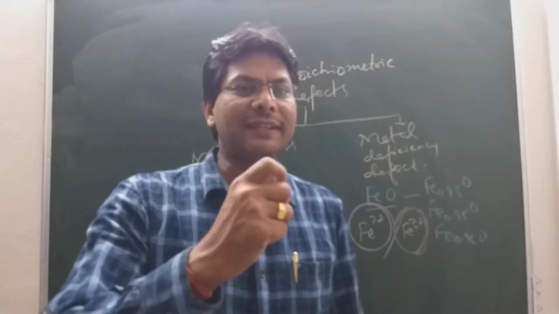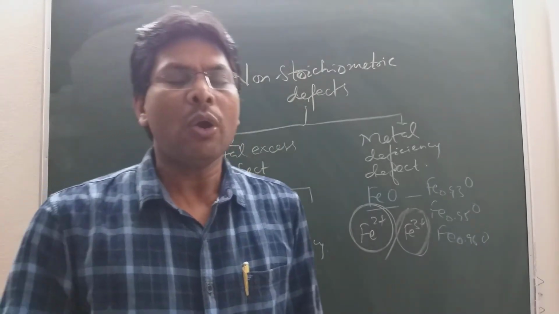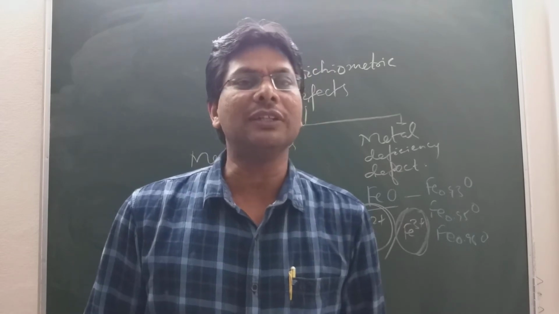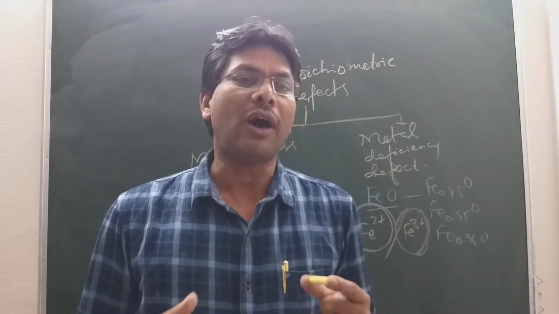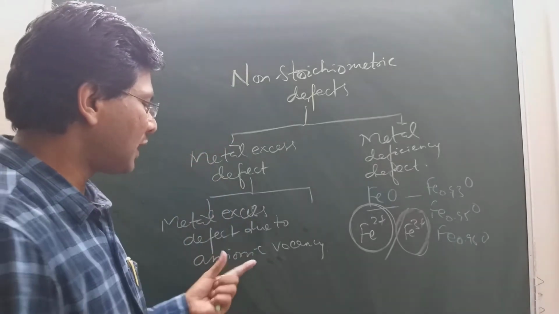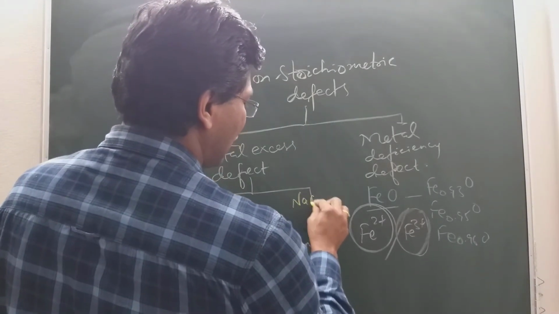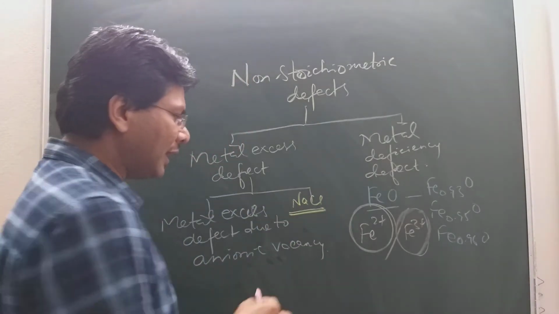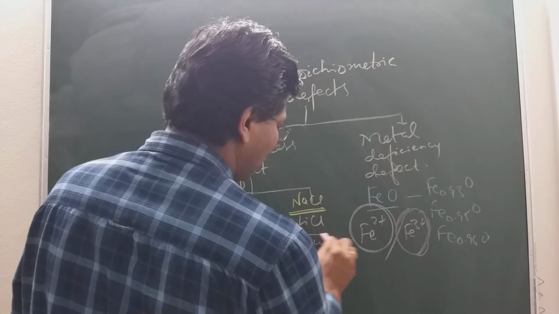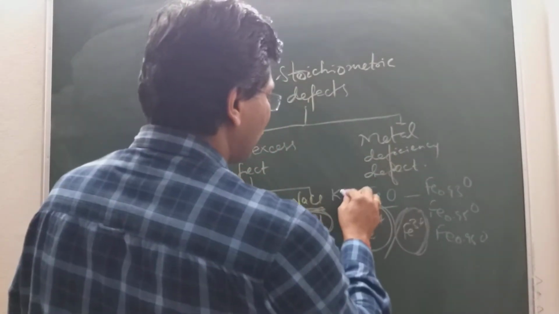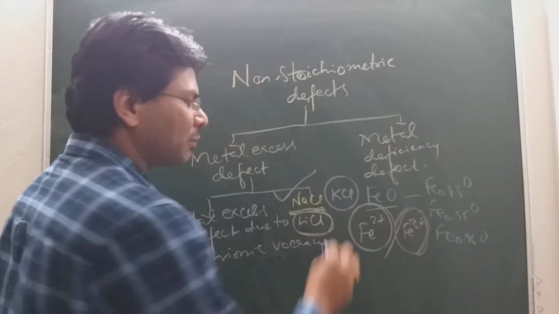An anionic vacancy is created which is occupied by an unpaired electron, that is called F center, from the word Farbenzentrum, meaning color center. That gives rise to yellow color in NaCl, pink color in lithium chloride, and violet color in KCl. So you have to keep this in mind.